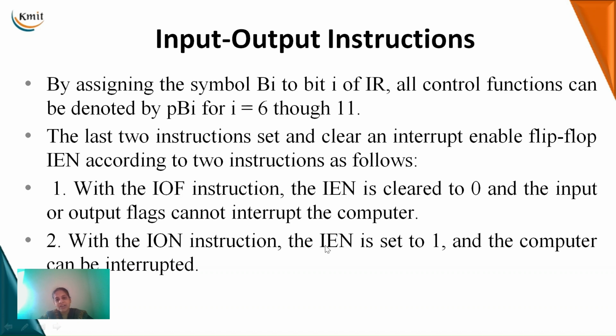When it is set to 1, which means interrupt on, with the help of the interrupt on instruction, the output register or the input register can interrupt the computer at any point of time. So that is the use of the IOF and ION instructions.